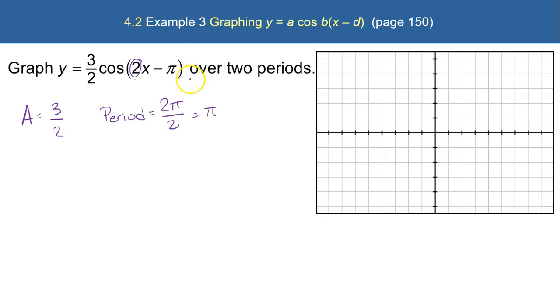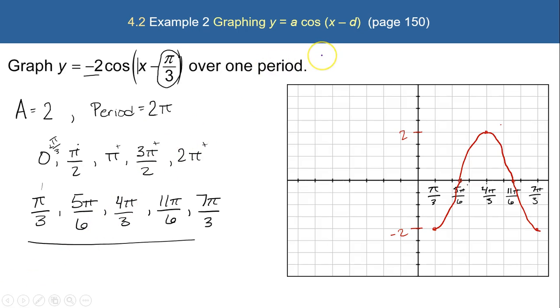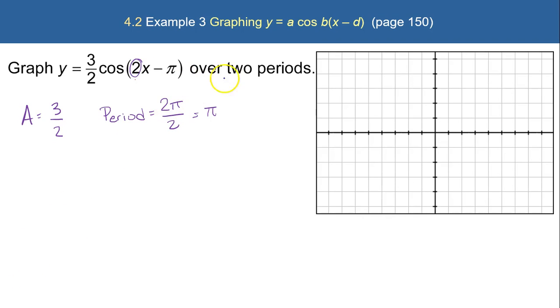Okay, now our phase shift. If I ask you what the phase shift is, I did not ask on this question, how you determine the phase shift, it's just going to be what is being added or subtracted from your x value. But in this case right here, it's a little different because we have a different period. How you can go about finding your phase shift is by taking what's inside your sine or cosine function, set it equal to 0, solve for x, and that is your phase shift.